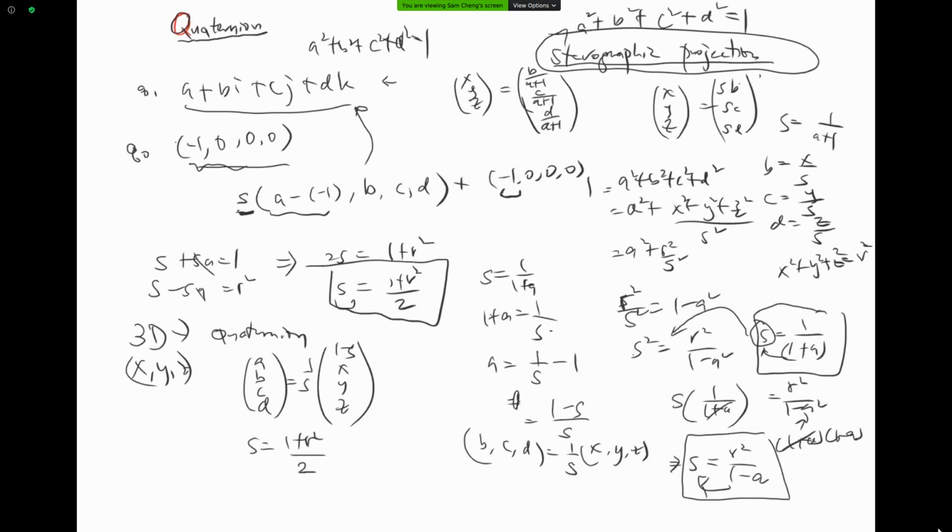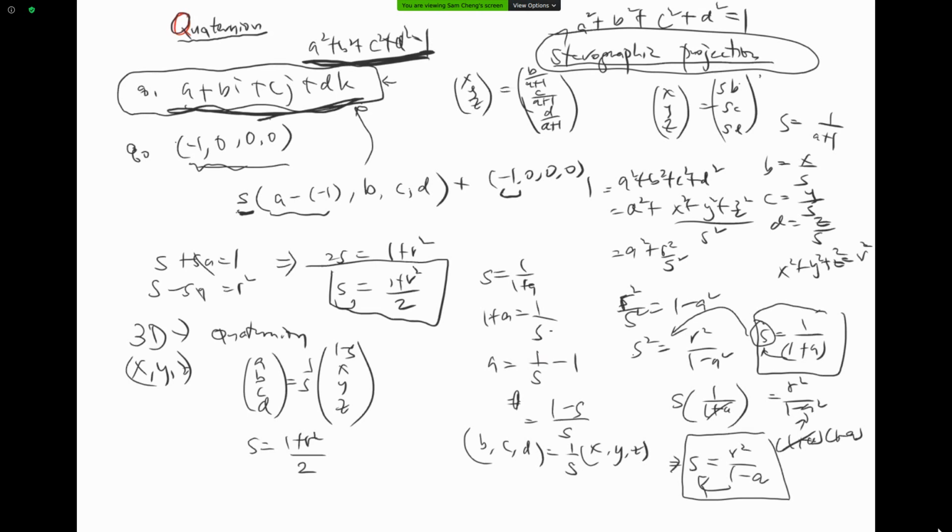So we have basically a mapping of all the unique Quaternion, that's basically a plus bi plus cj plus dk, such that a squared plus b squared plus c squared plus d squared is equal to 1.